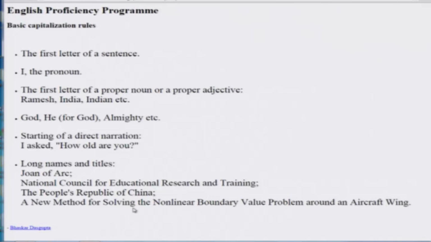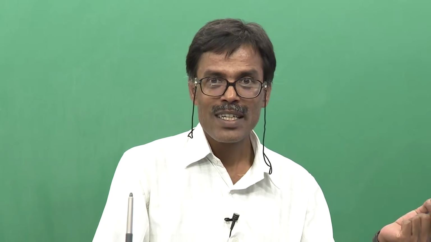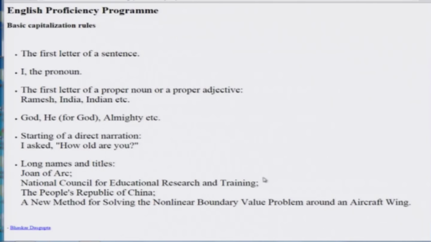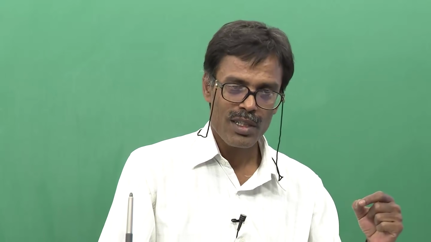For example, in the title of this paper, somewhere some comma could have come, and I must differentiate between that comma, which is a minor pause, from the semicolon, which is a major pause. So before the full stop, if there is a minor pause, then you put a comma, and if there is a major pause, okay, at a higher level, then you put a semicolon.